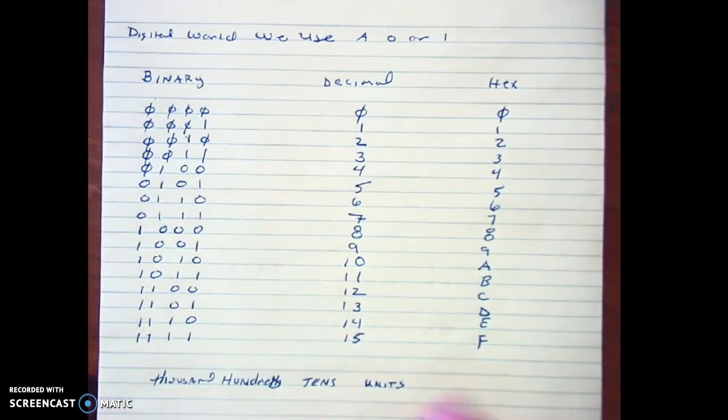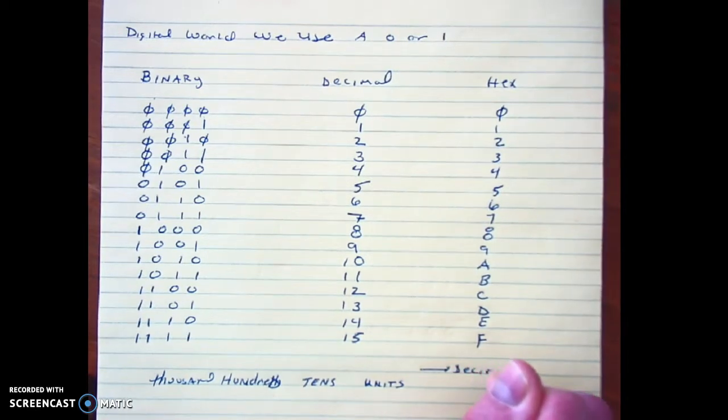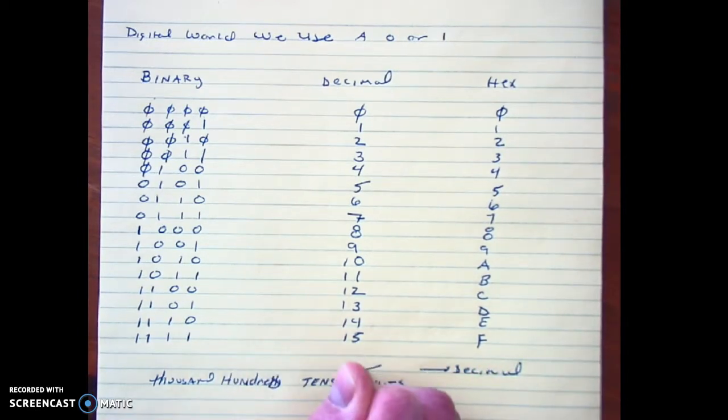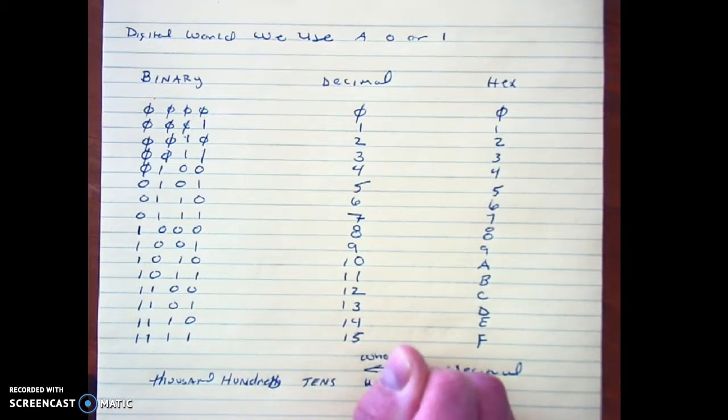So these are whole numbers. Anything from this point over this way is a decimal. Over this way is a whole number. Okay.